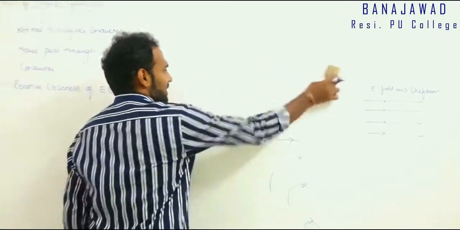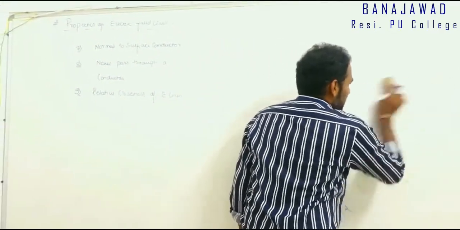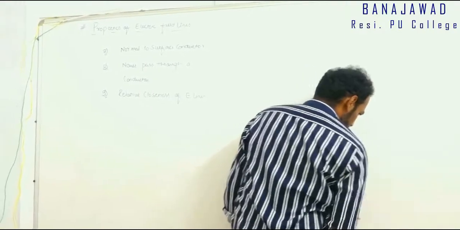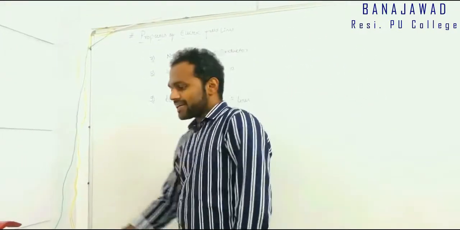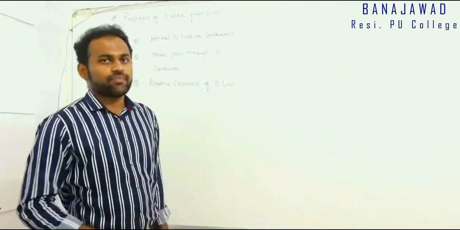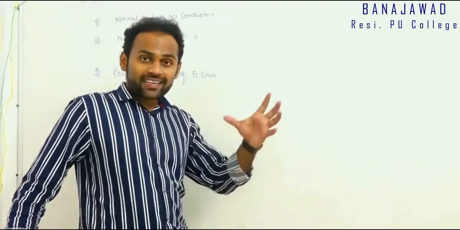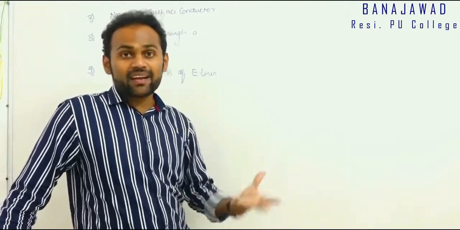That is the 10th property. See, the last property of the electric field lines tells us that the electric field lines have the tendency to contract lengthwise and expand laterally.